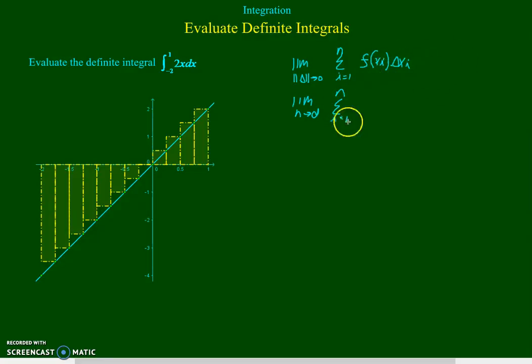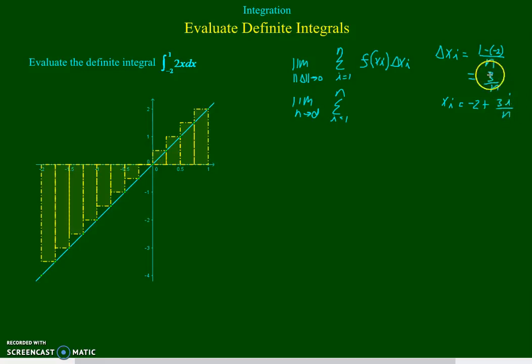Now before we can actually do this, we need our delta x sub i. So our delta x sub i is b, which is 1, minus a, which is negative 2, all over n, which gives us 3 over n. And so that implies that our x sub i is going to be a, which is negative 2, plus 3i over n.